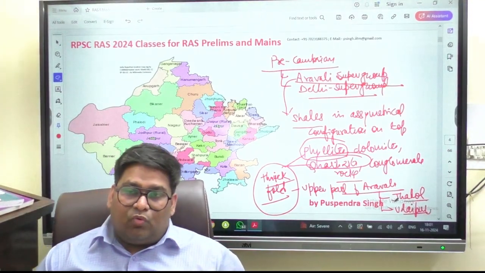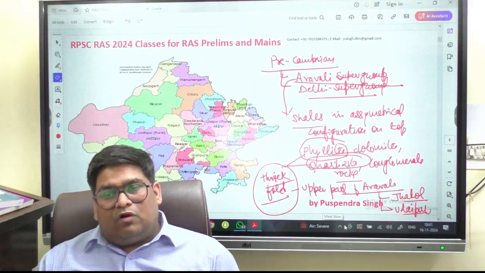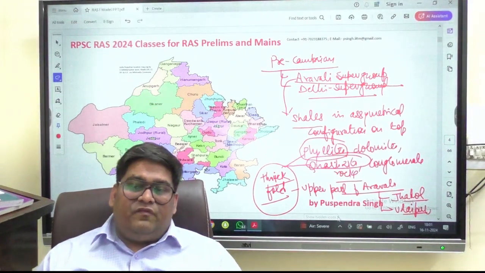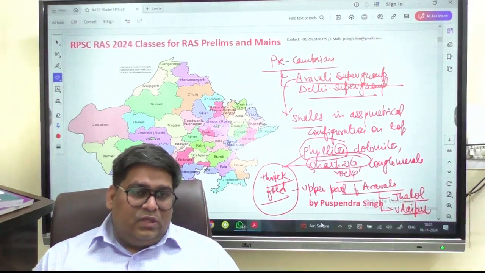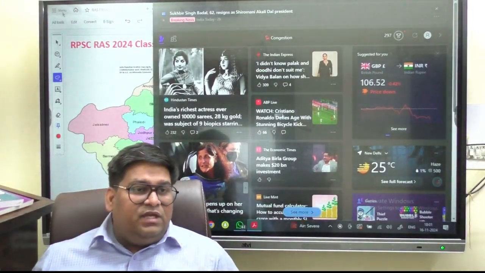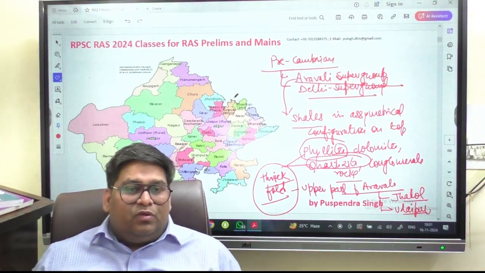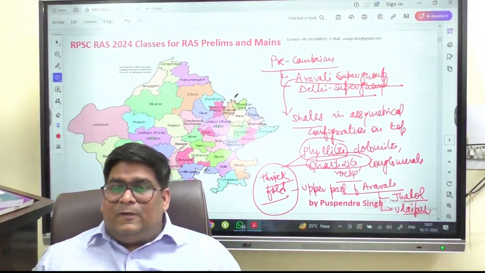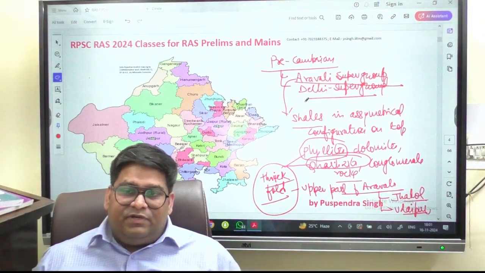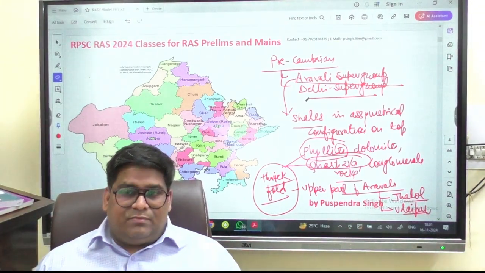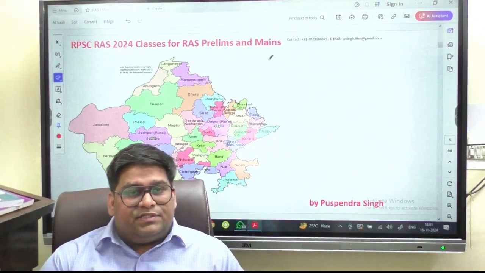They differ in terms of the composition of different rock groups of the Aravalli subgroup. So this is what we have in terms of the Precambrian Aravalli subgroup. Next, we will discuss the Delhi subgroup. This is the second part we are going to discuss.